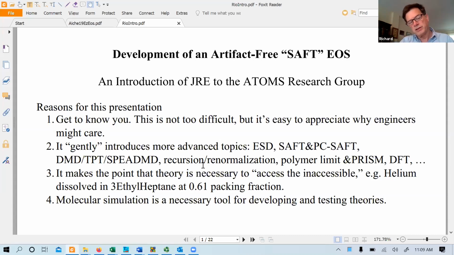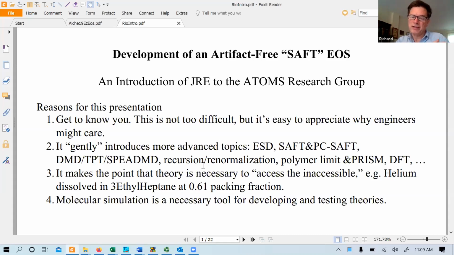So the reason that the van der Waals equation is going to infinity for the pressure at 1 minus B rho, in other words, where the packing fraction is equal to 1, is because you can't put more molecules in than when the volume is completely packed full. That's pretty simple, right?